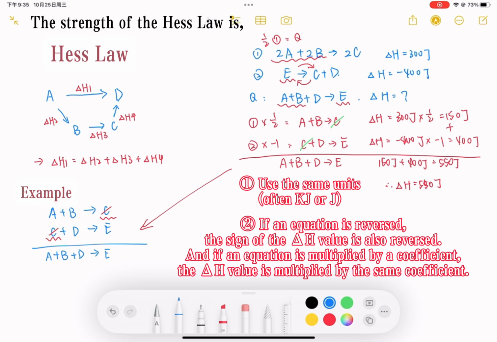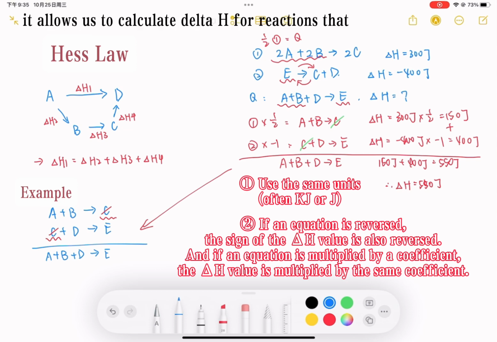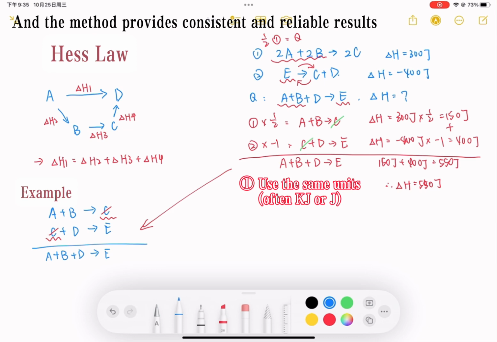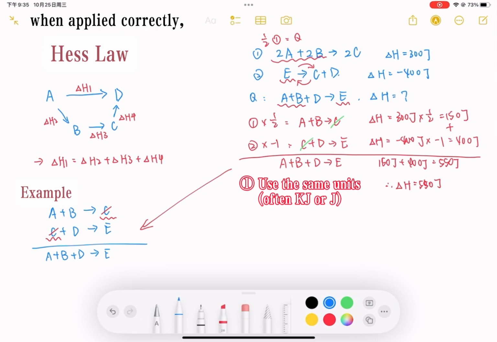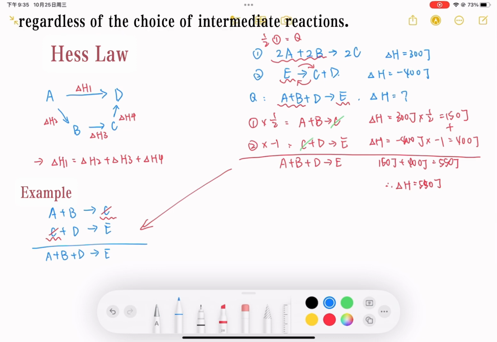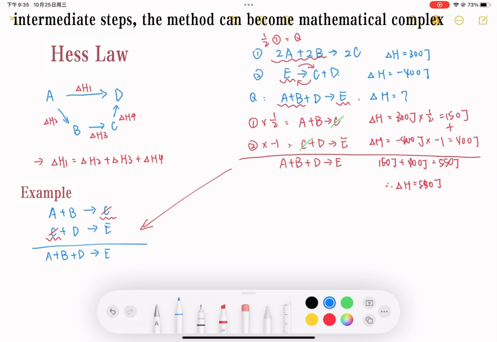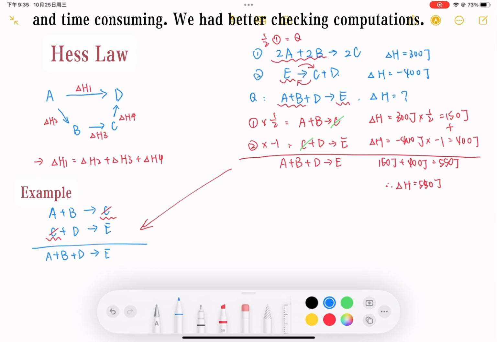The strength of Hess's law is that it allows us to calculate delta H for reactions that cannot be measured directly, and the method provides consistent and reliable results when applied correctly, regardless of the choice of intermediate reactions. And the weakness, I think, is that for reactions involving numerous intermediate steps, the method can become mathematically complex and time-consuming. We had better check the computations.